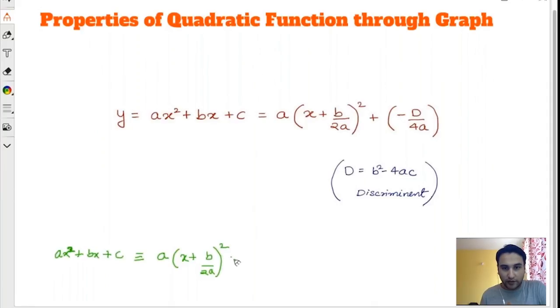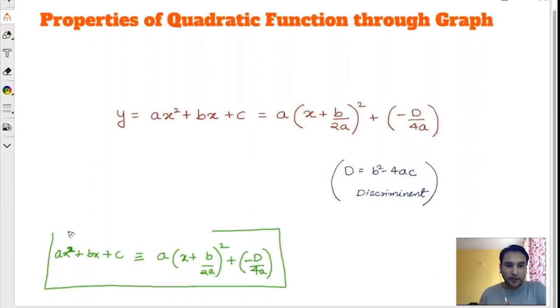If you complete the square, and you did it in your 10th as well, and you did it in your 11th as well. If you go to your NCERT book or R.D. Sharma of 11th, of quadratic, your first 2 pages will be this. Completing the square. Remember, ax square plus bx plus c can be written like this. How is it happening?